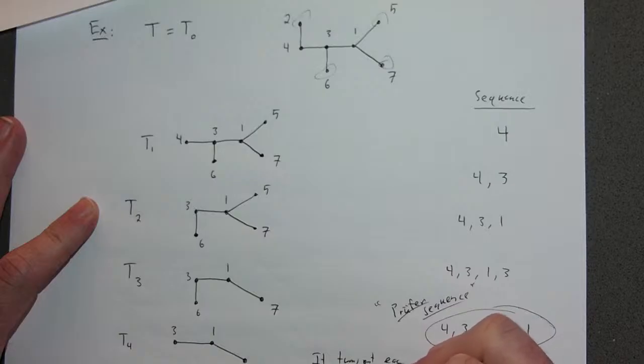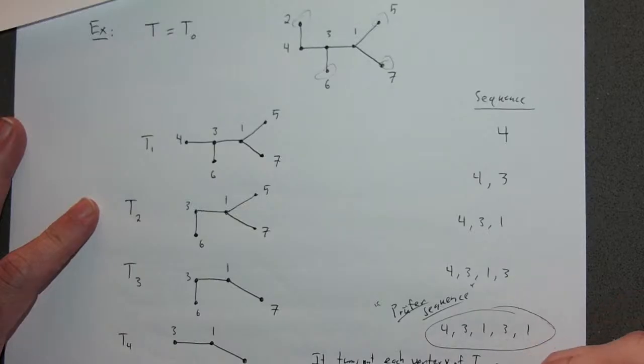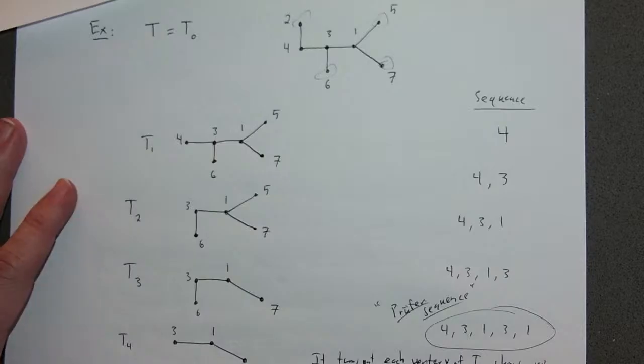Each vertex V of T shows up in the sequence, well, let's see if we can notice a pattern before I write it down.